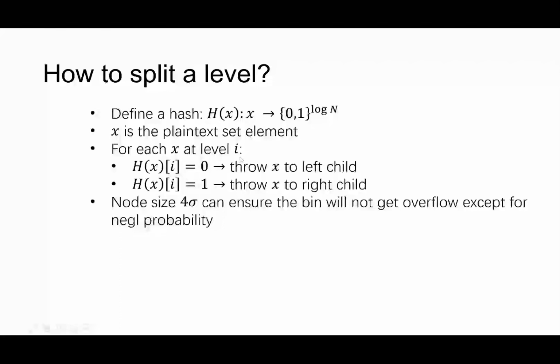For h(x) at level i, we throw it into the left child if the hash indicates 0; otherwise, it is thrown into the right child. In expectation, each bin is going to load sigma elements. The capacity of each bin is 4 sigma, so it will not overflow except with negligible probability.